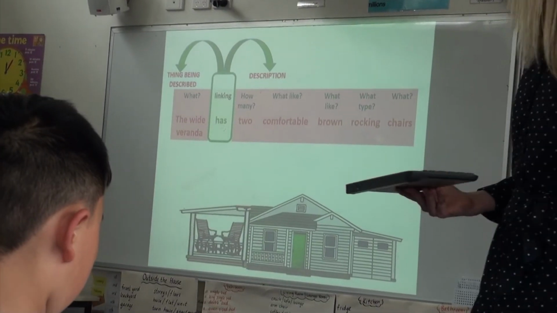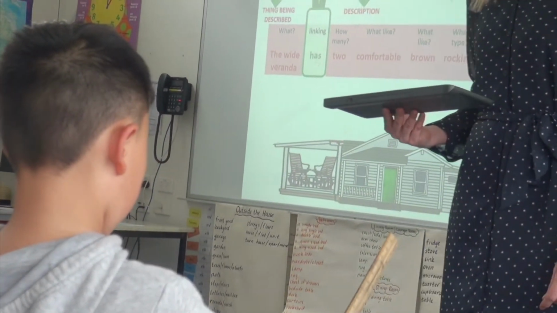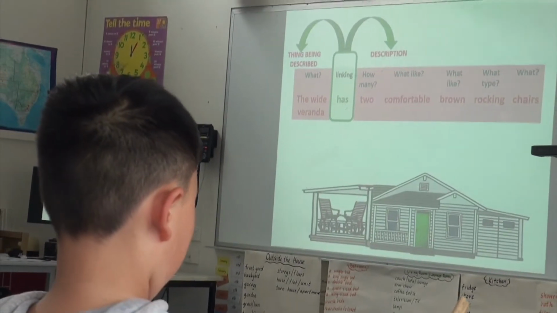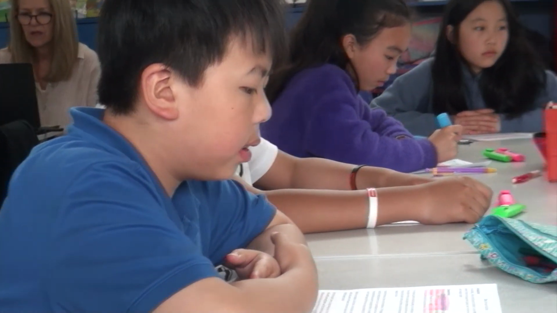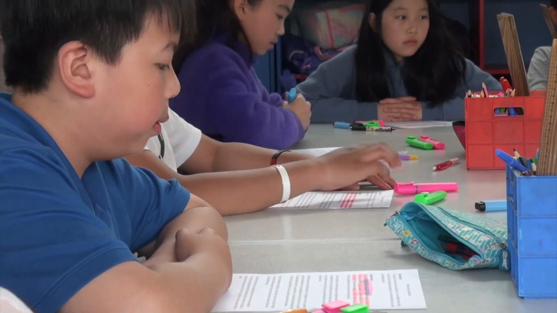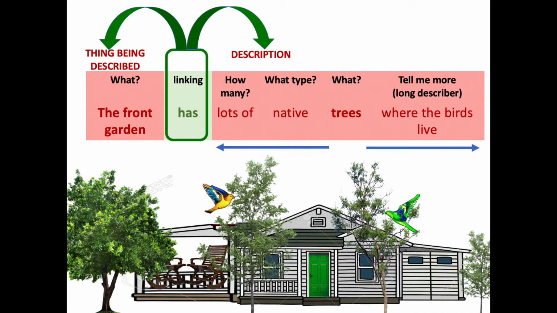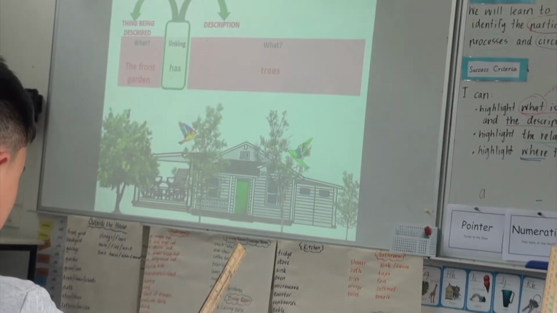Okay, let's go to the last sentence and we'll have Will. Can you please read it for us? The front garden has lots of native trees where the birds live. Okay, so what is the process? The process is, we're going to do this one, green, Ray, has.